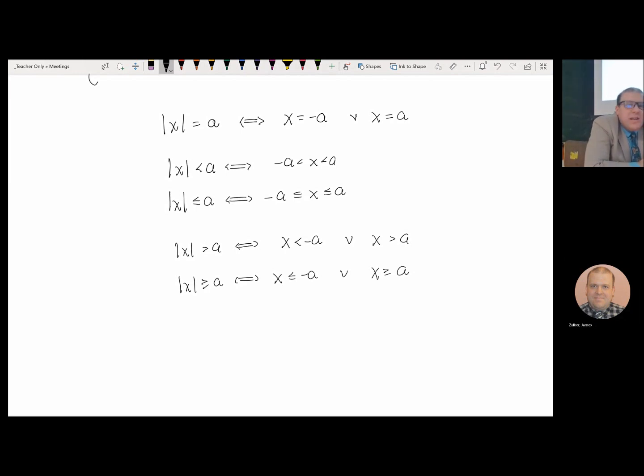Absolute value of x being greater than a means that x is either less than -a or it's greater than a. And then, of course, greater than or equal to has a similar meaning.